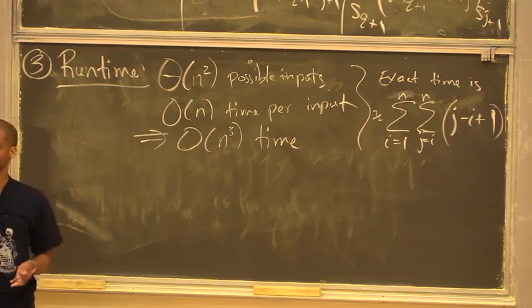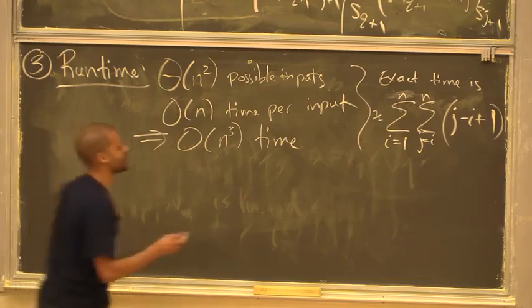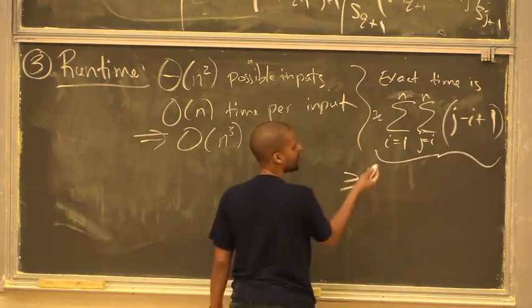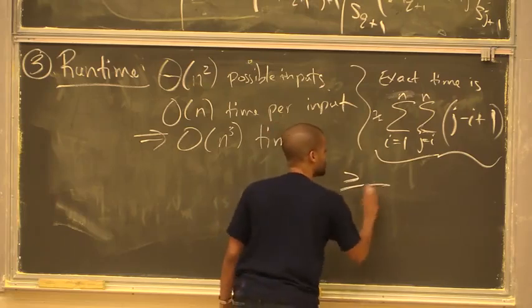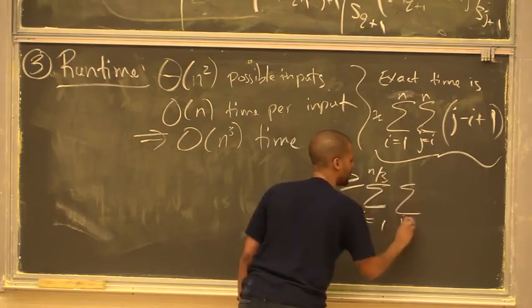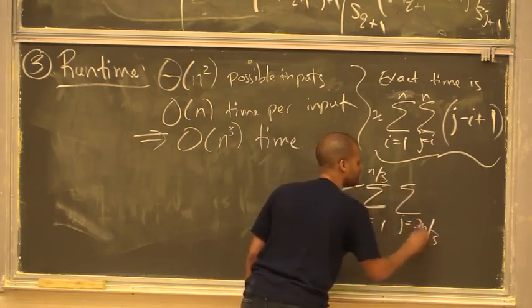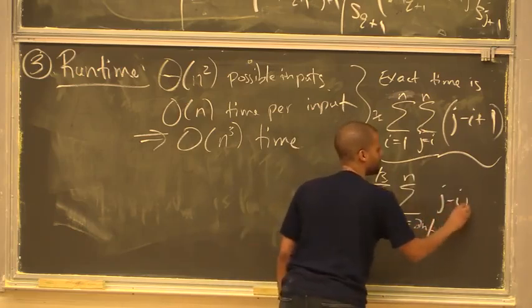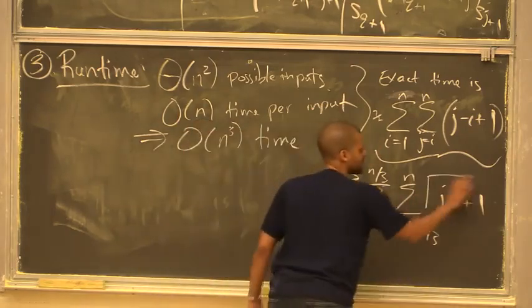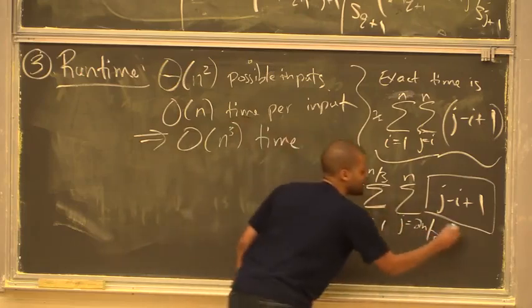And for each one of those, j minus i is at least 2n over 3 minus n over 3, which is also n over 3. So I just want to say that this summation is certainly at most n cubed, and it's certainly at least the sum i from 1 to n over 3, the sum j from 2n over 3 to n of j minus i plus 1, because that's just a subset of the summands. And for this range, it is always at least n over 3.